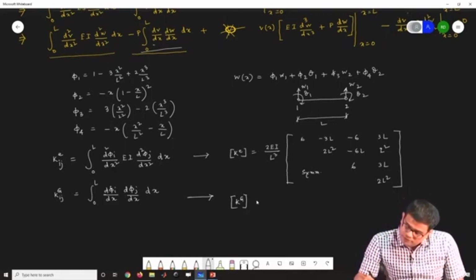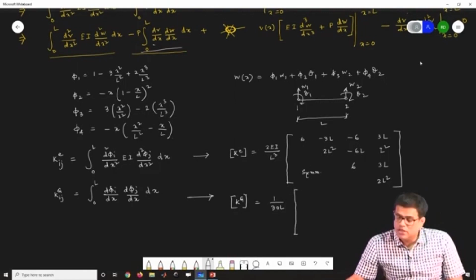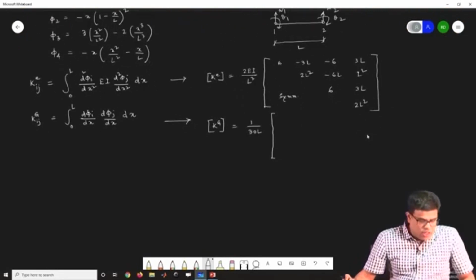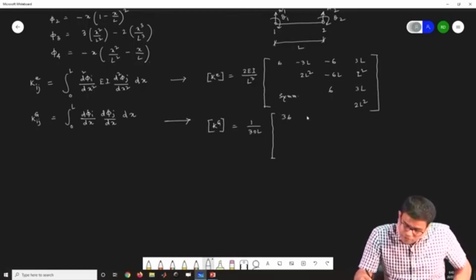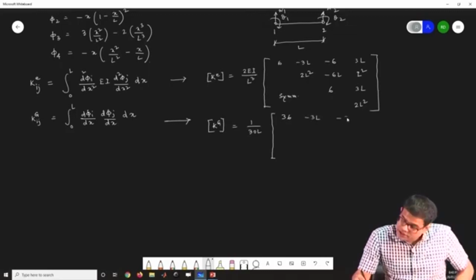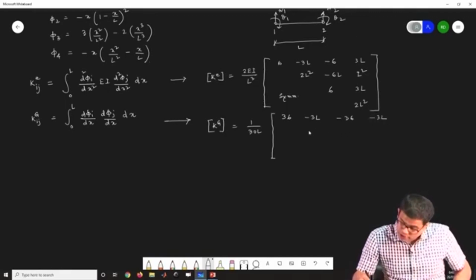Then this will be 1 by 30L times the matrix with entries 36, -3L, -36, -3L, then 4L², and so on.